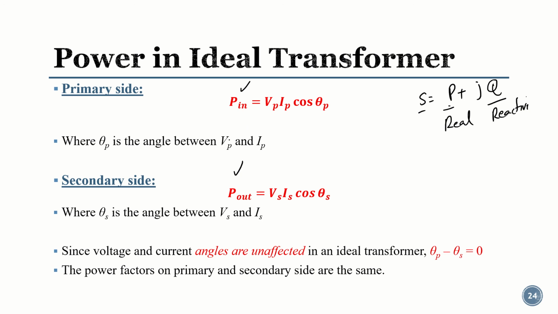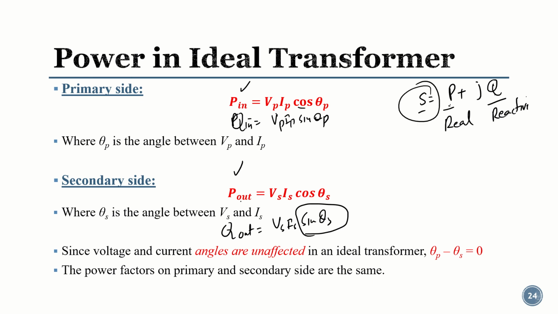Similarly, we could have the reactive power, and if you remember, reactive power at the primary will be Vp Ip sine of theta p. Similarly, reactive power at the output will be Vs Is into sine of theta s. So reactive power we usually represent using sine, real power using cosine, and the sum of real and reactive is basically the total complex power of the transformer. This is just the basic relationship.